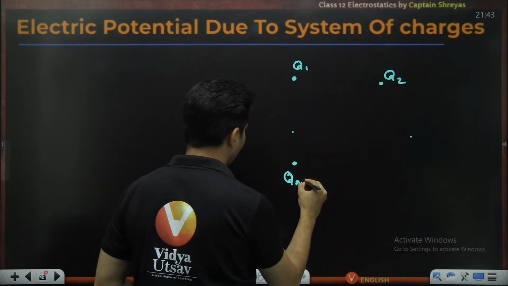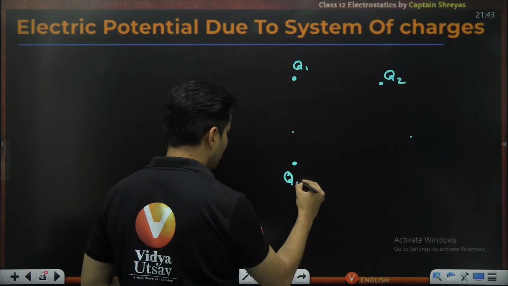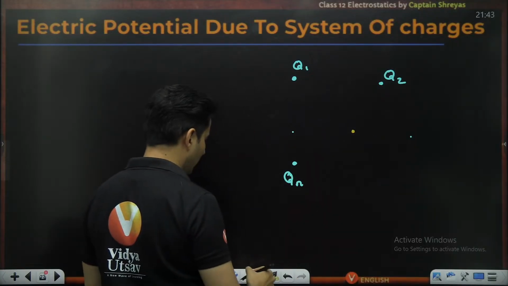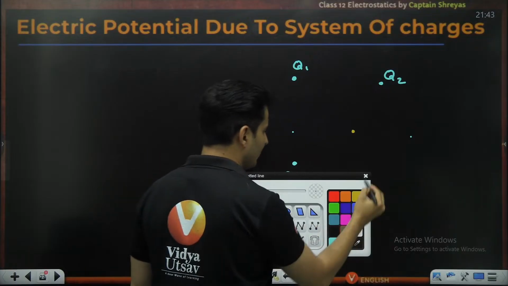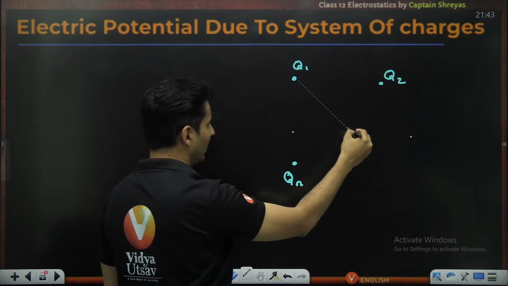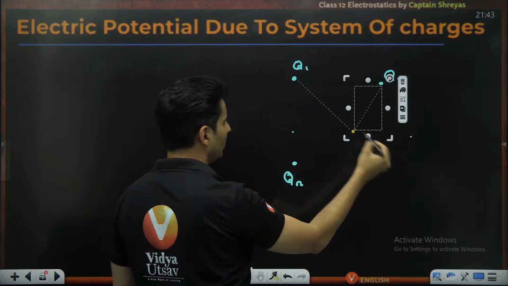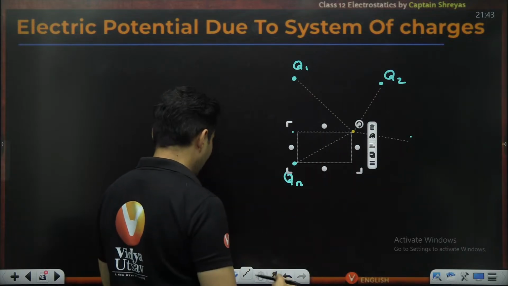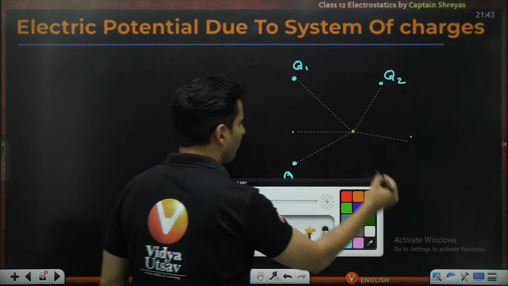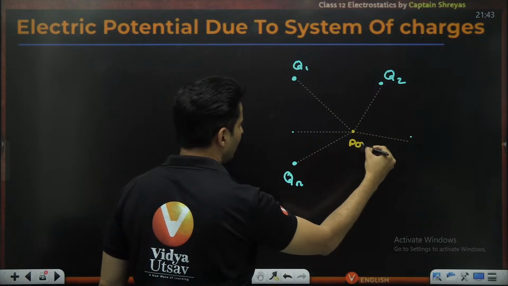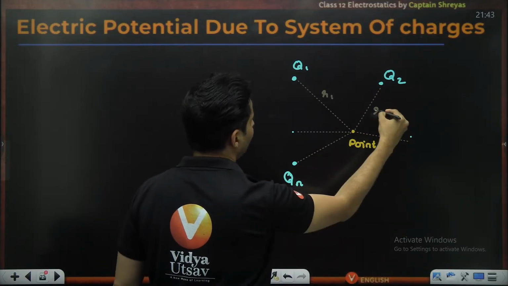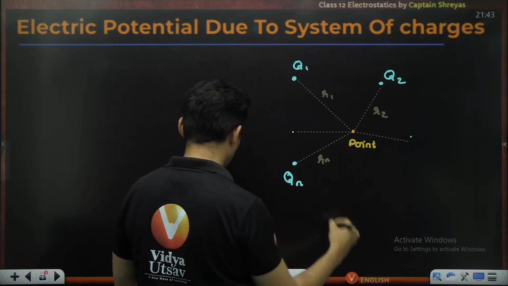N number of charges are there. And I am interested at this point, what is the potential? All I will do is use superposition: find potential due to this, this, this, this, and add them up. This particular point might be at a distance of r1, r2, like that, rn.